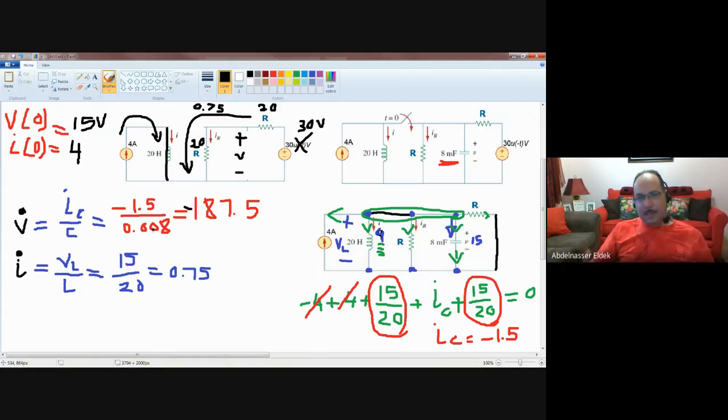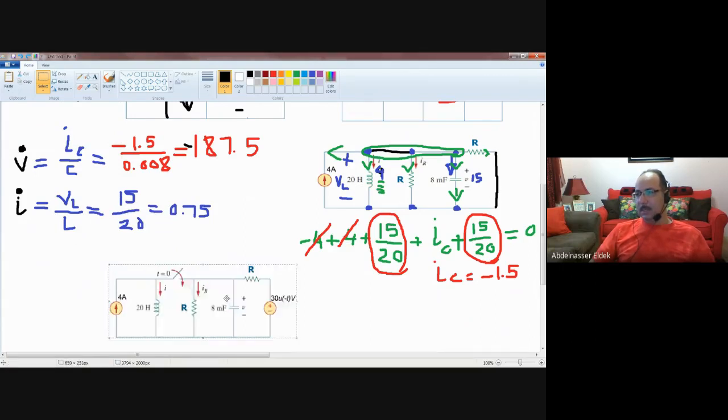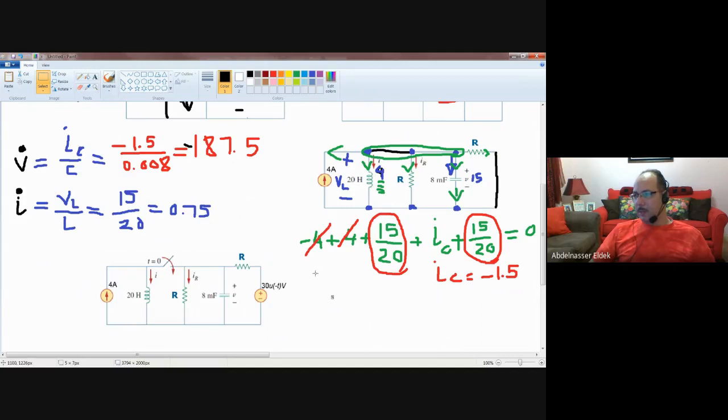Now let us look at the circuit at infinity, how it looked like. So here's the same circuit again. At infinity, remember that this one was short circuit. So let us connect this one here.